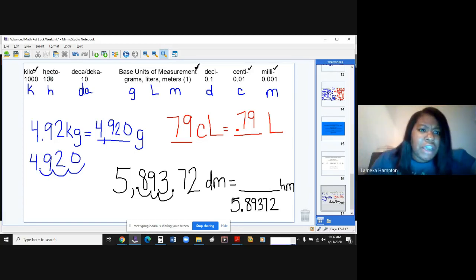Nobody really talks about hecto, nobody really talks about deca, and nobody really talks about deci. But again, for the sake of conversation, dealing with the powers of 10, I had to go ahead and add them in there so that way you could see the numbers itself, how when we go from left to right, the numbers get smaller. And when we go from right to left, the numbers get larger.